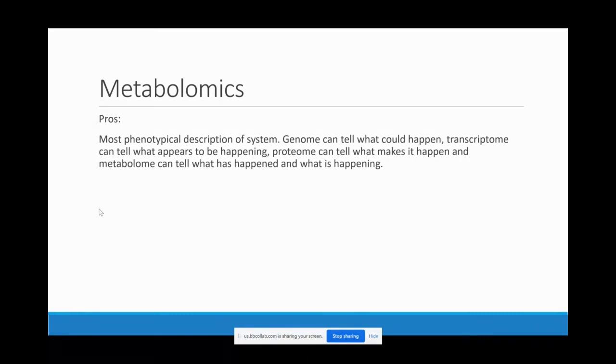They are the thing that is going to be the exact snapshot of what is going on in the system at that moment. One way to think about it is that the genome can tell us what could happen. The transcriptome can tell us what appears to be happening. Proteome can tell us what makes it happen. But the metabolome is actually what's telling us what is happening or what has happened.